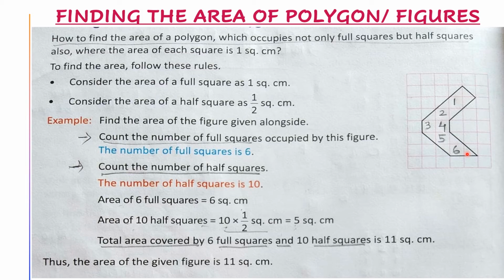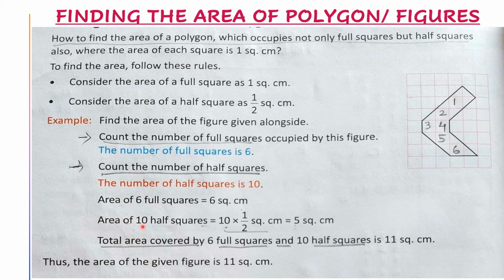Now find the area of full squares and half squares. The number of full squares is 6. So, the area of 6 full squares is 6 square cm, as we know each square is 1 square centimeter. The number of half squares is 10.